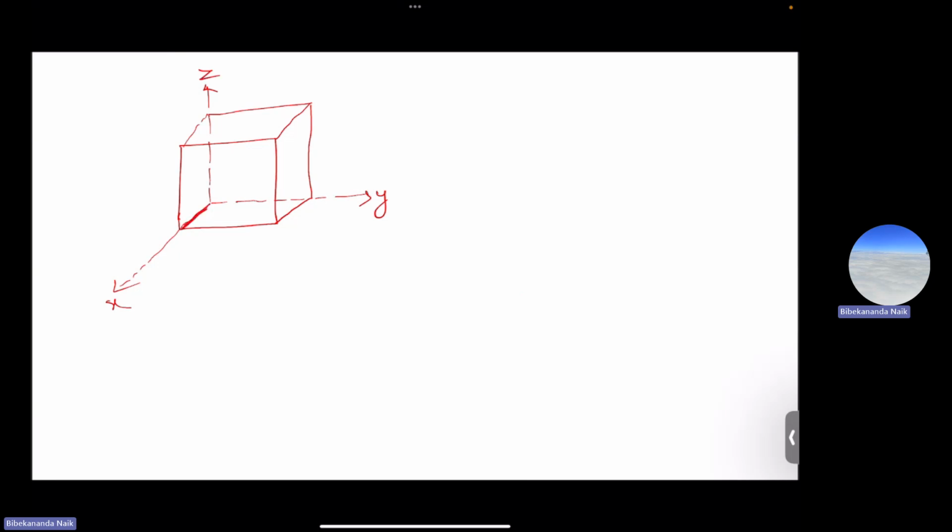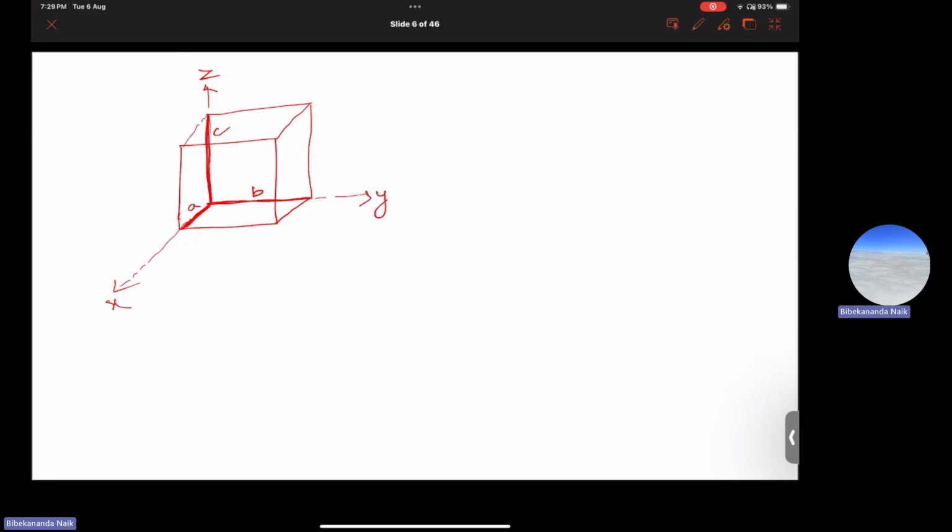This is A, this is B, this is C. Let me choose another color.